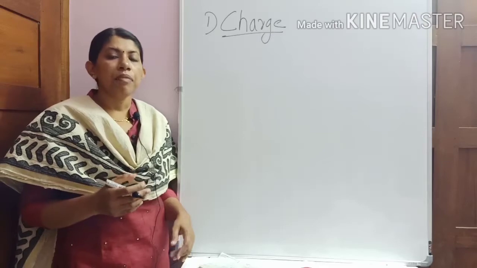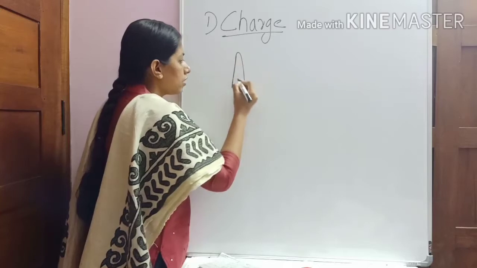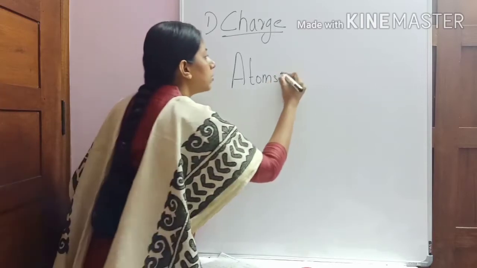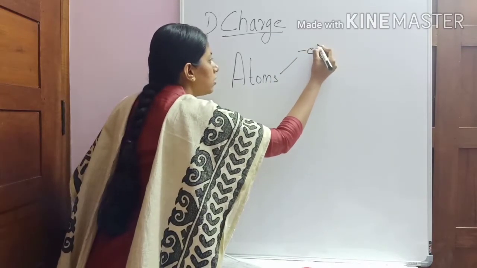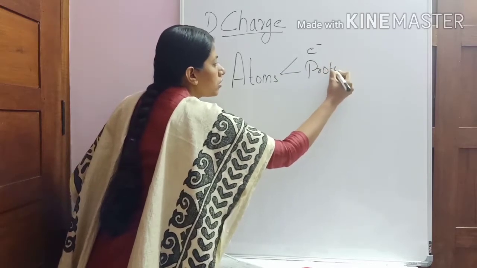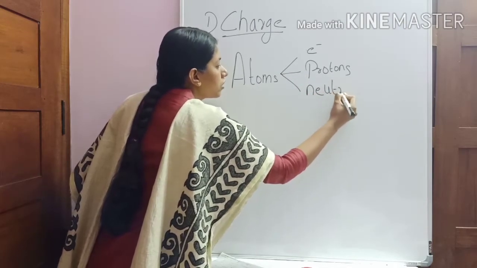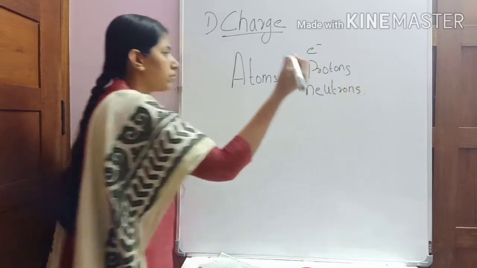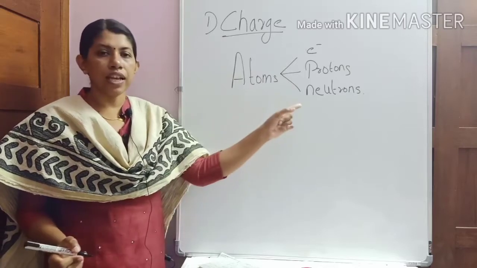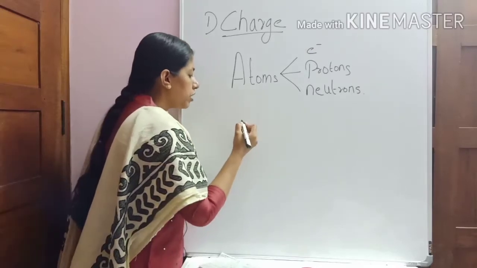We all know that matter is made up of atoms, and we know that atoms have negatively charged electrons, positively charged protons, and electrically neutral neutrons. So an atom contains negatively charged electrons, positively charged protons, and neutrally charged neutrons.